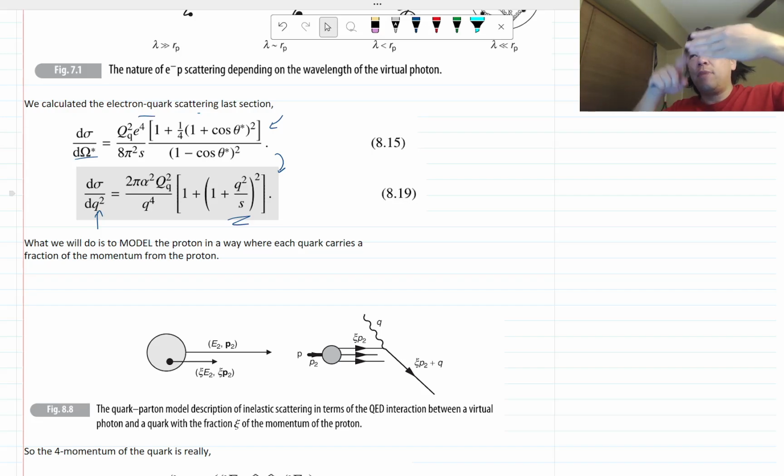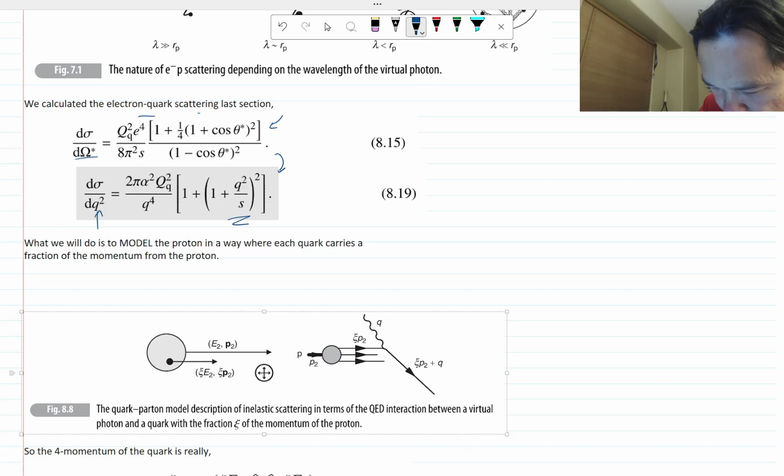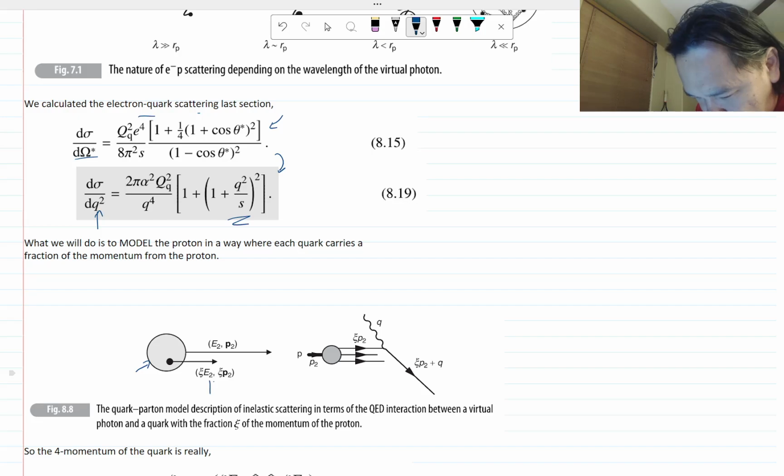Each of my fingertips actually carries a fraction of the momentum as my hand goes from left to right. We can do the same thing with the proton, where this little gray thing is the proton, and inside here there's a quark. One of the quarks. This is the proton.